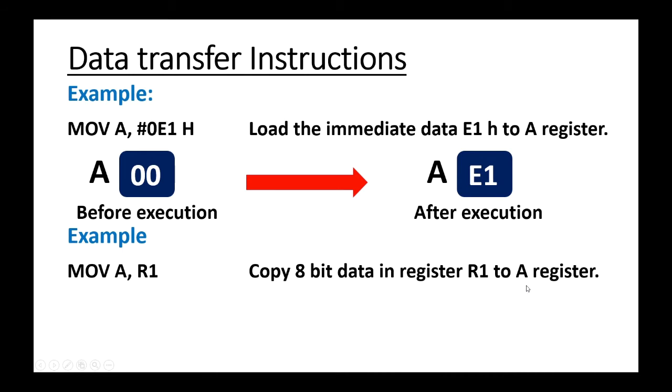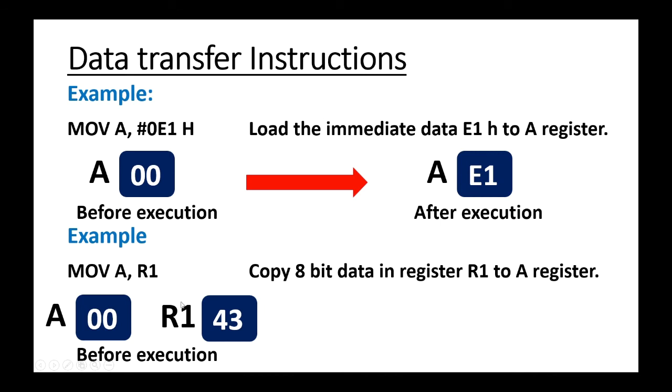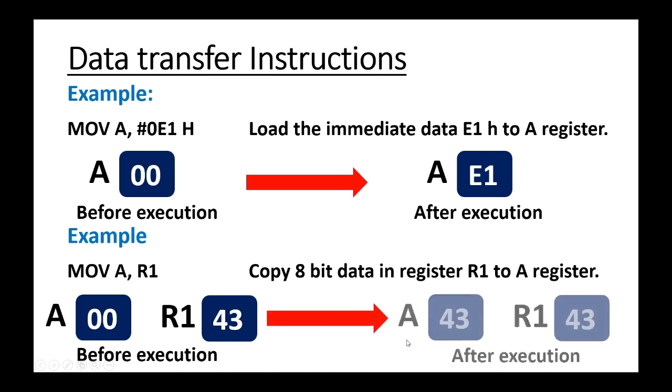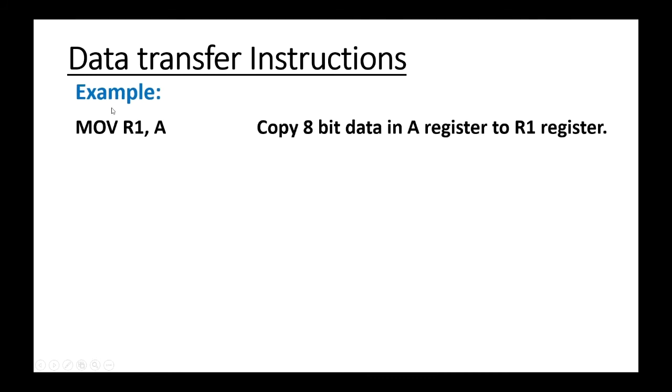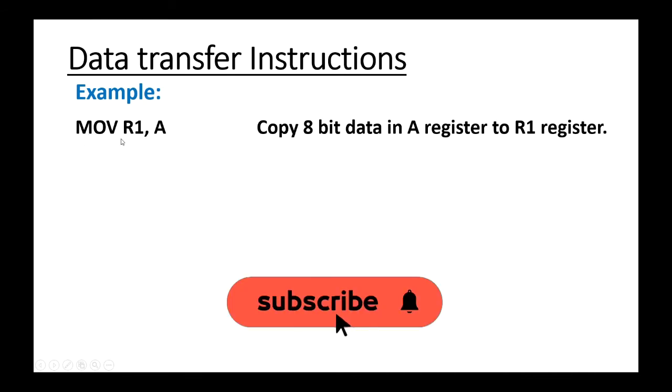Let's assume that A has 0 before execution and R1 has 43. After execution, A will have 43 and R1 will also have 43.